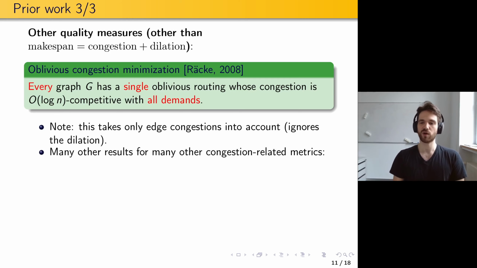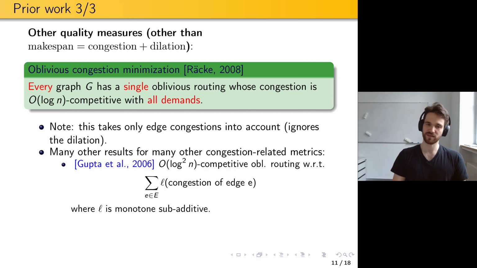And actually, there was a lot of work that followed this result and a whole line of results. For instance, I'm just going to sample a few of them. Gupta et al. show a log squared competitive oblivious routing if you look at a different quality measure, so not the maximum congestion as before, but a sum of monotone subadditive functions of the congestion of the edges.